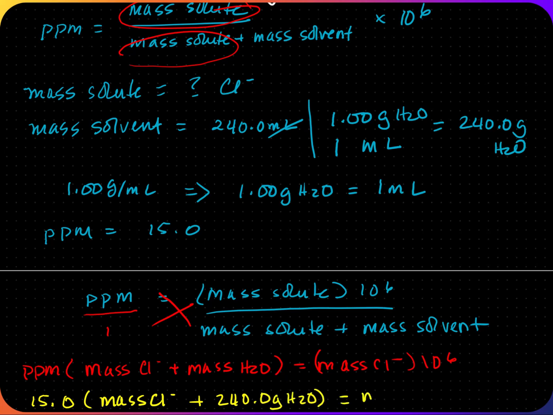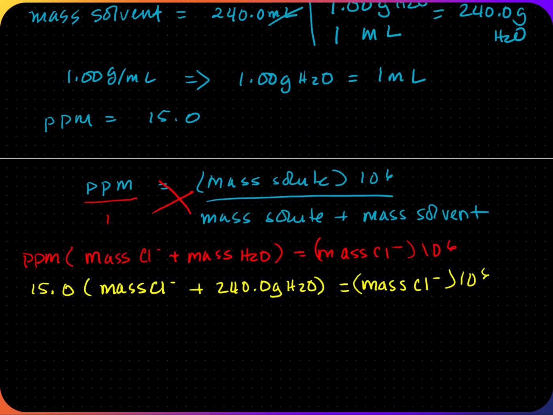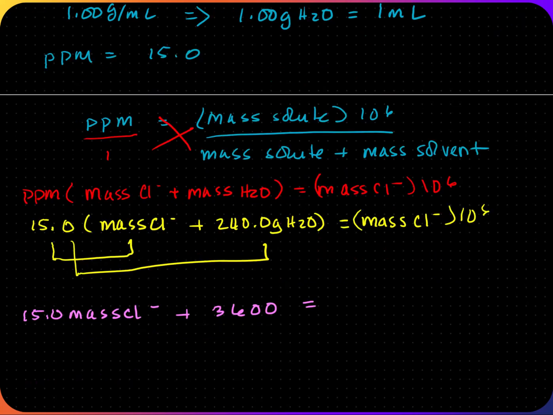This is going to be equal to, again, the mass of the chlorine ion times 10 to the 6. Next, I am going to distribute the 15 on the left side. If I do my multiplication, it's going to be 15.0 times mass of chlorine plus 3600 equal to 10 to the 6 times mass of the chlorine ion.